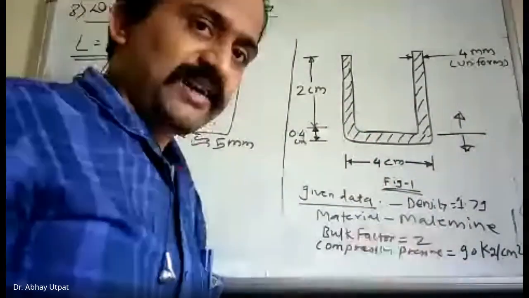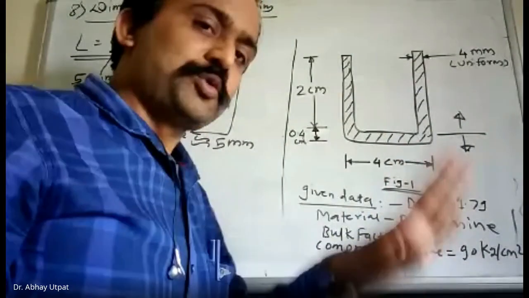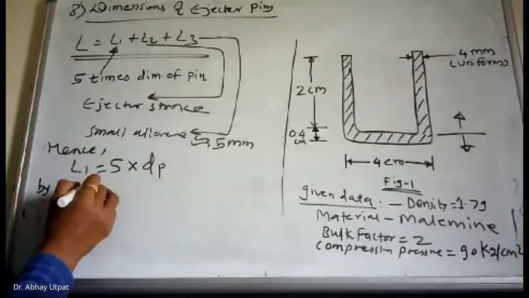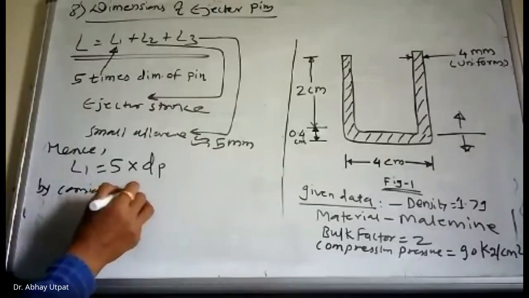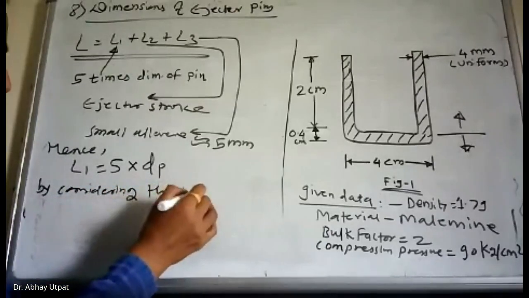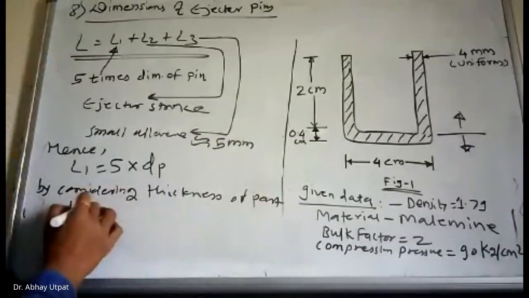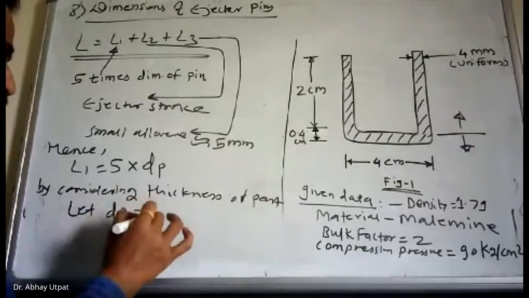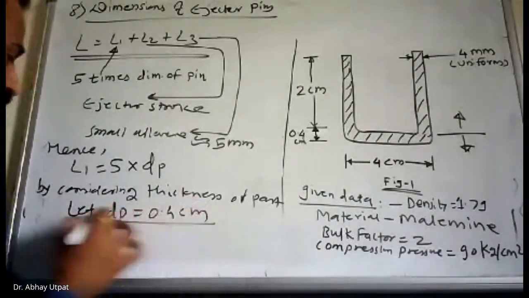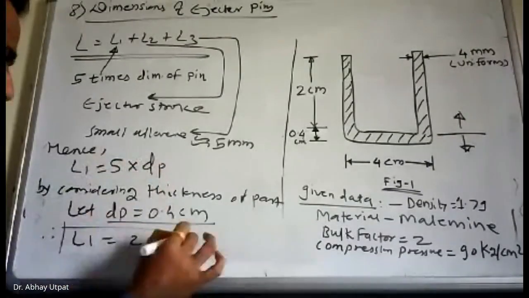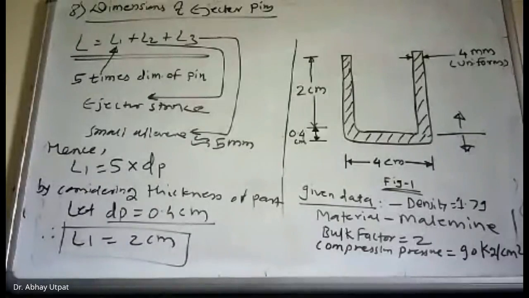That's why, by considering thickness of part, let dp be equal to 0.4 centimeter. Hence, L1 is equal to 2 centimeter, because 5 into 0.4. L1 is equal to 2 centimeter.